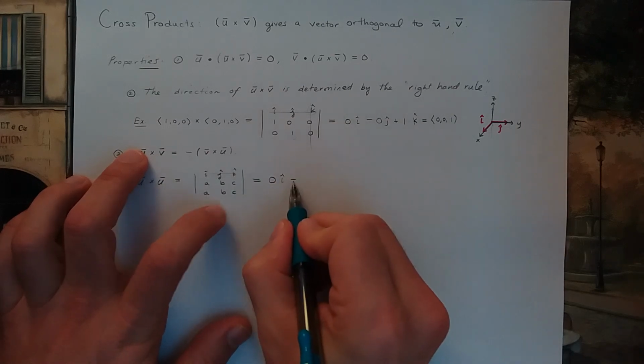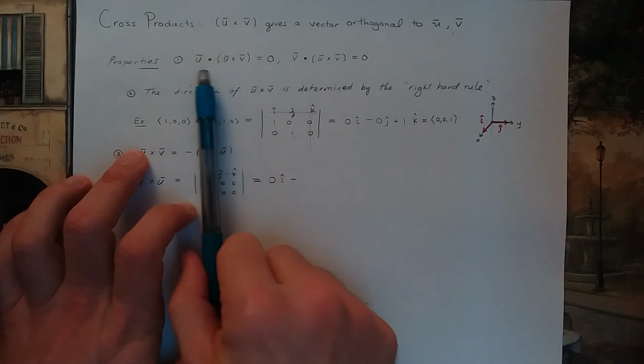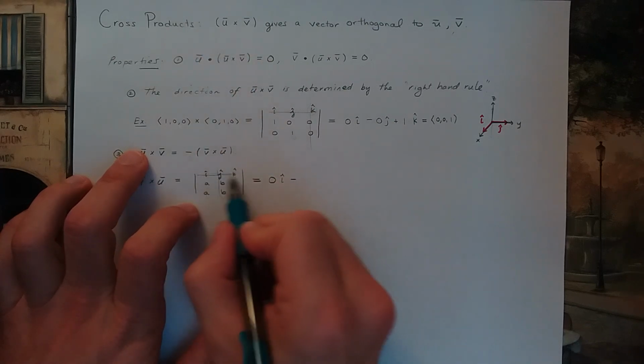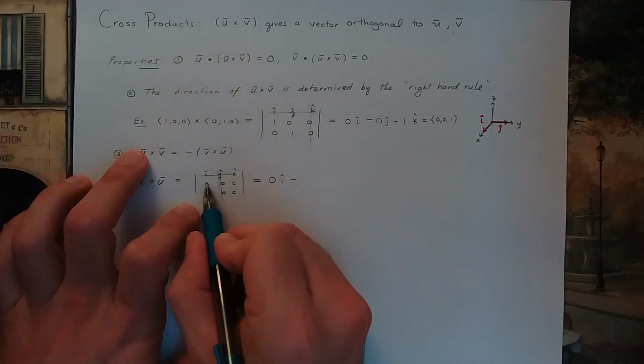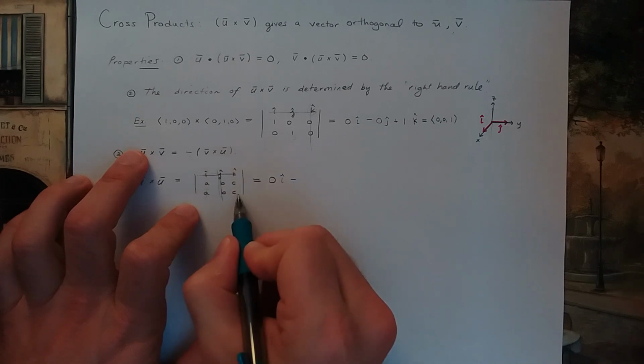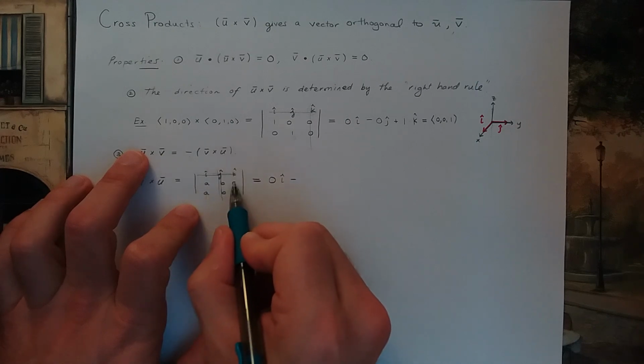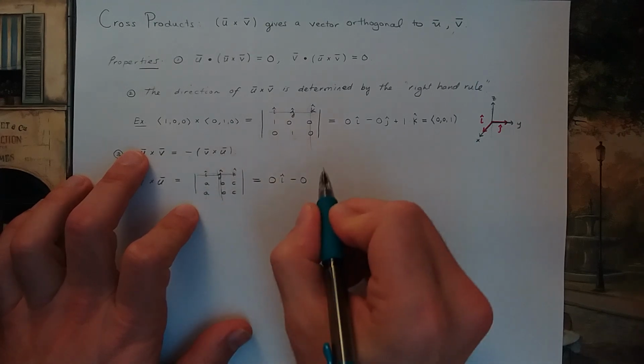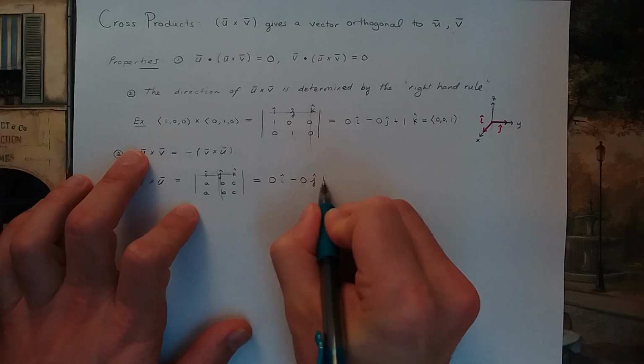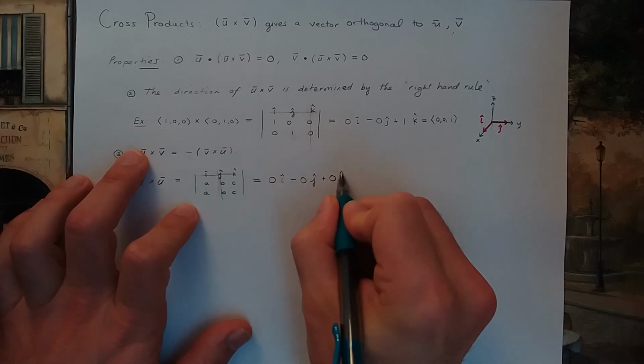The middle term has an extra negative sign in the cross product. I cross off the row and the column containing J hat, and I get AC, AC. Taking that 2 by 2 determinant, I get A times C minus A times C. So I get 0 J hat. And similarly, I get 0 K hat.